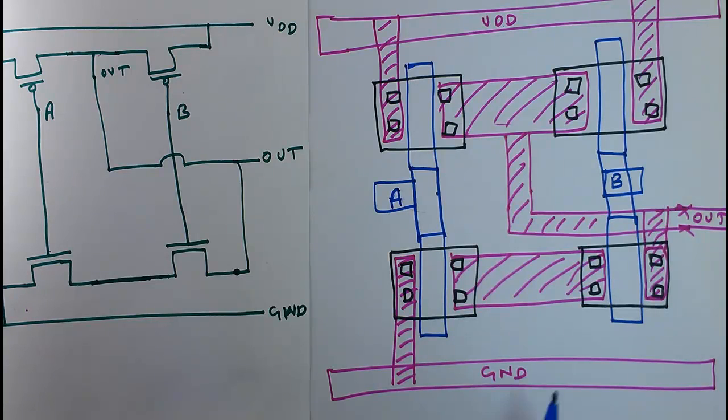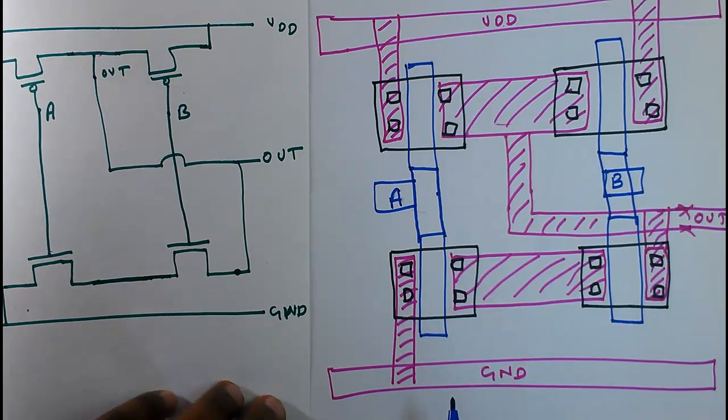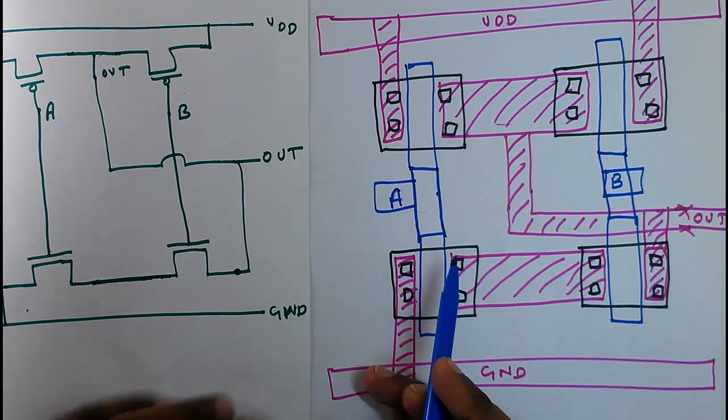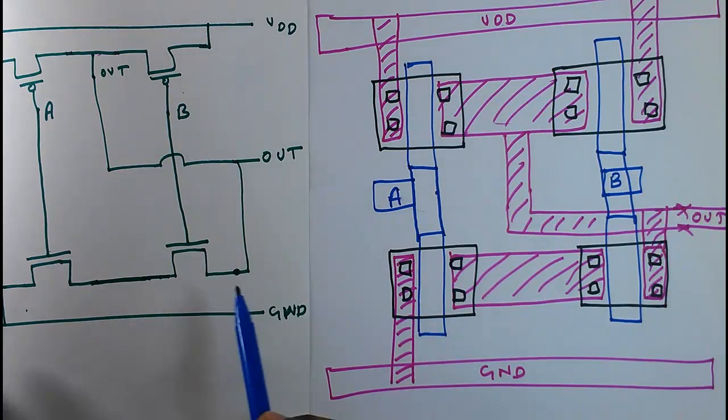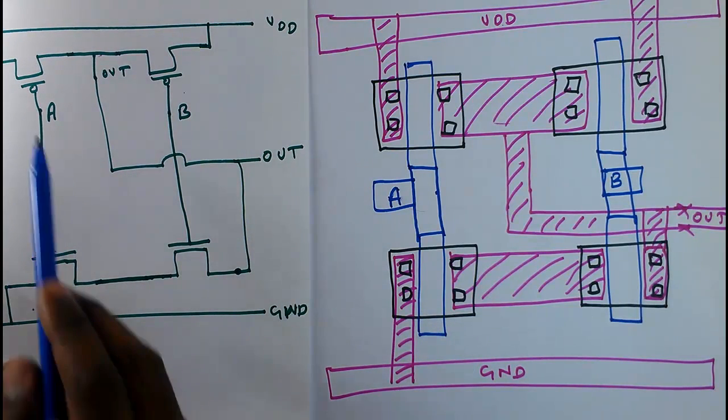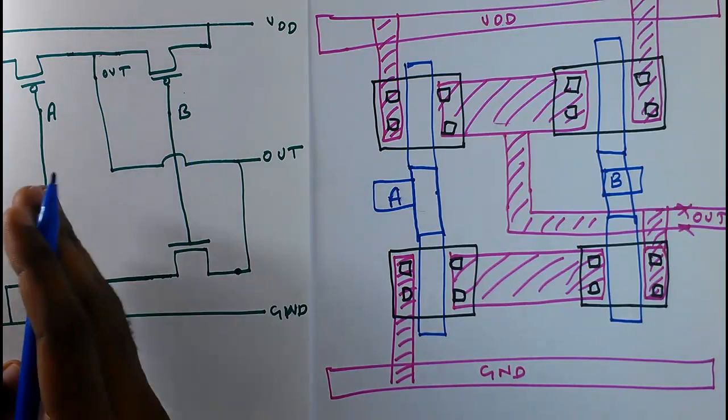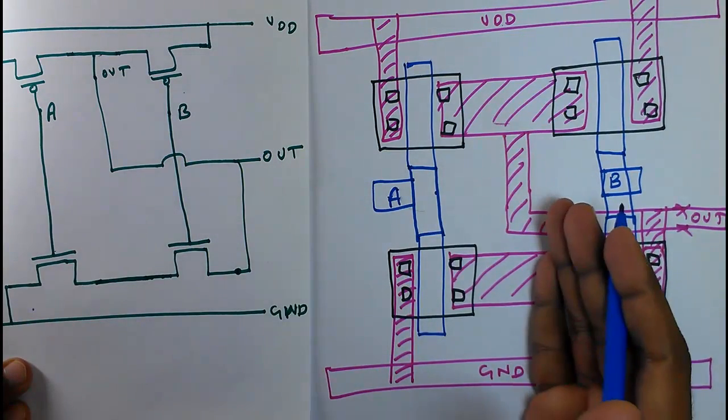Before going to Cadence, I just want to cross check what we did over here. First of all, we had a design schematic or the standard schematic. Then we redrew the schematic in this fashion such that we can easily make the layout.